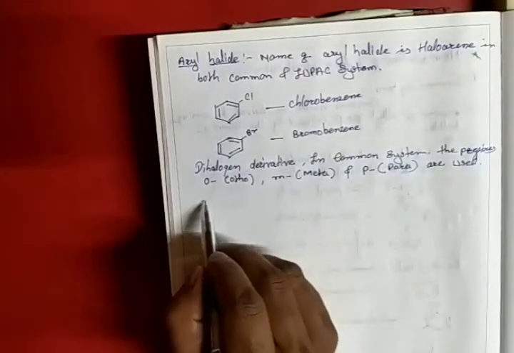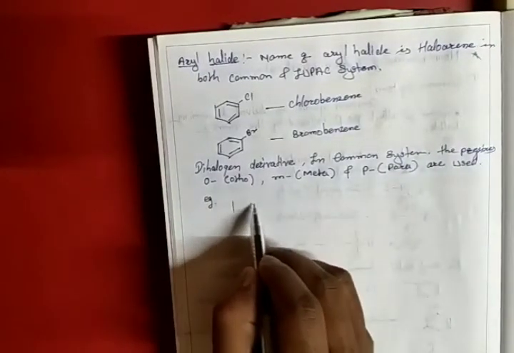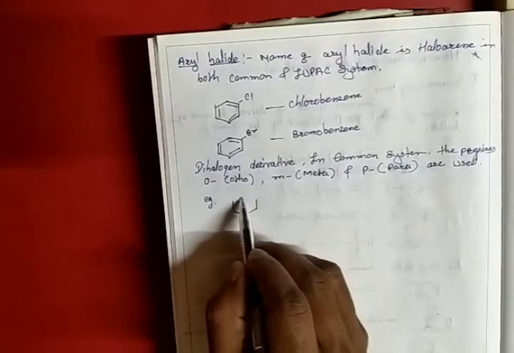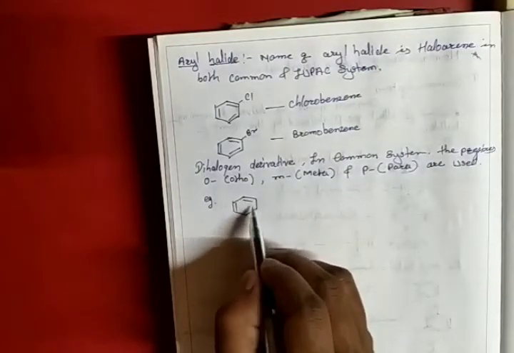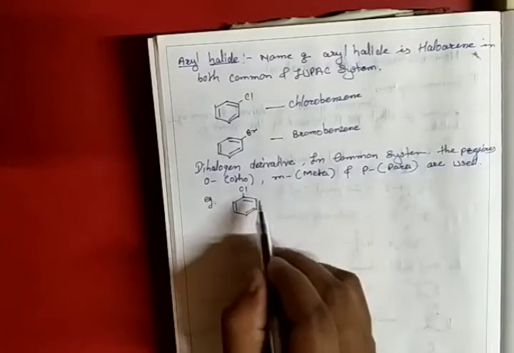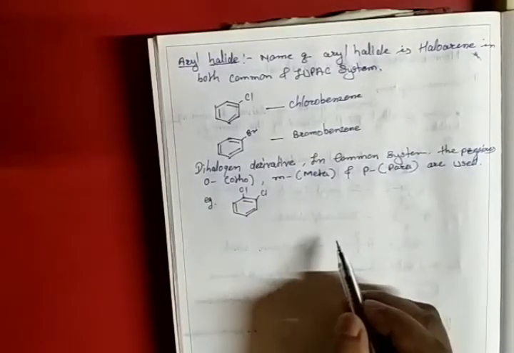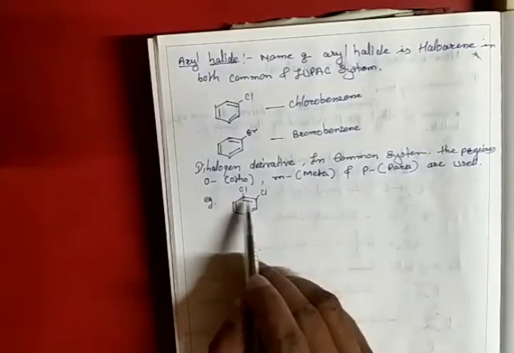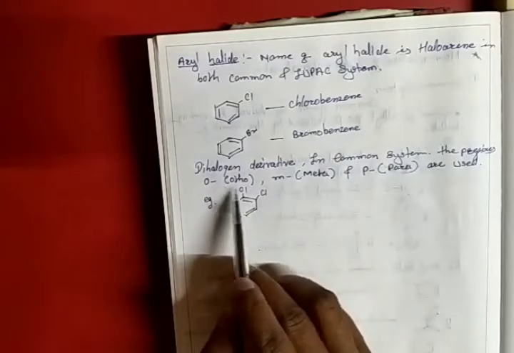For example, suppose we have benzene with two chlorine atoms. This is the 1,2 position, and the 1,2 position is the ortho position.